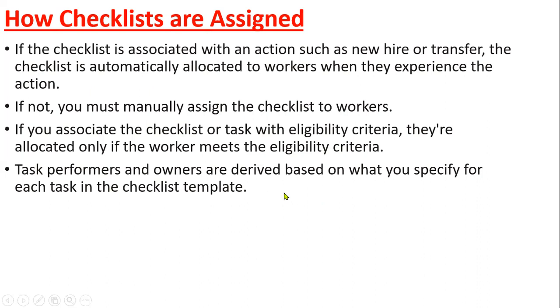And task performers and owners: as I said, a checklist is nothing but a group of tasks which we are going to perform. The owner is the person who has this particular task responsibility, who has created it. The performer is the person who has to perform the action against the task, or give some response for that task. If the performer gives the result, it goes to the next level.